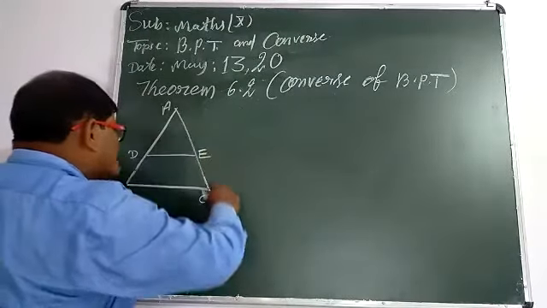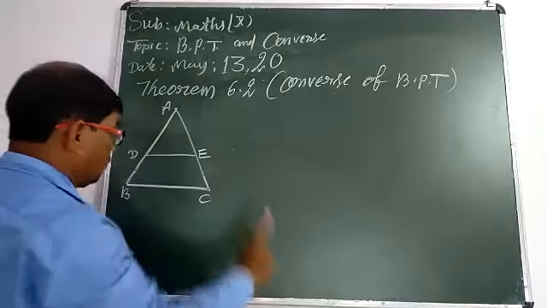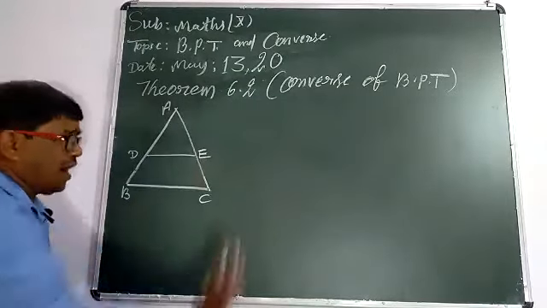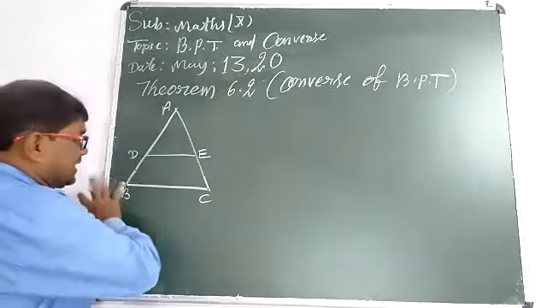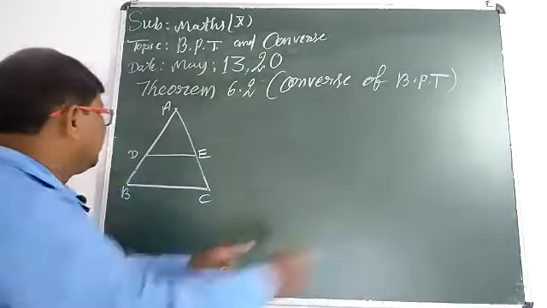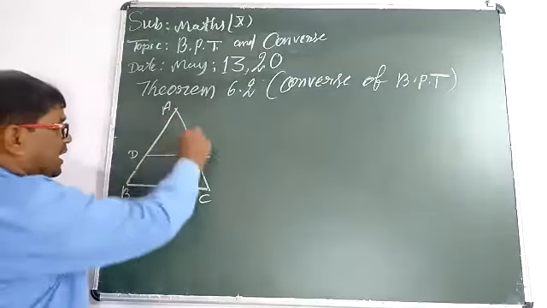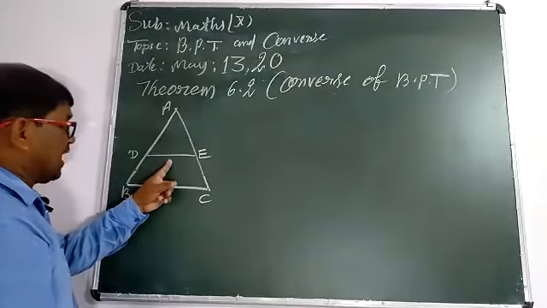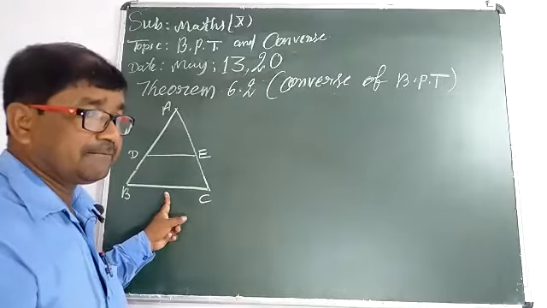But the converse is a line drawn intersecting the two sides of the triangle in such a way that they are in equal ratio. Then prove that this line must be parallel to the third side of the triangle.